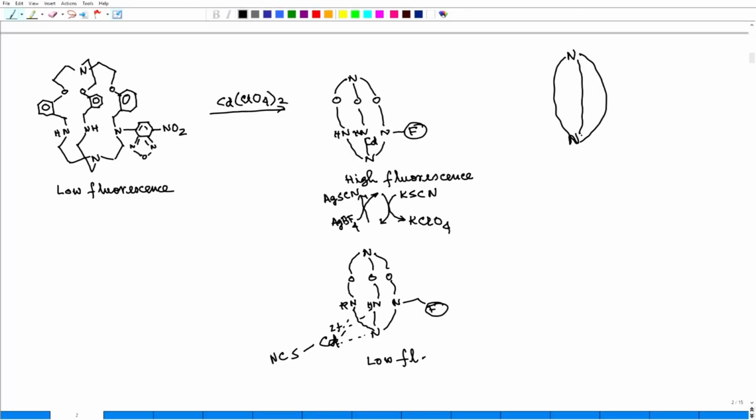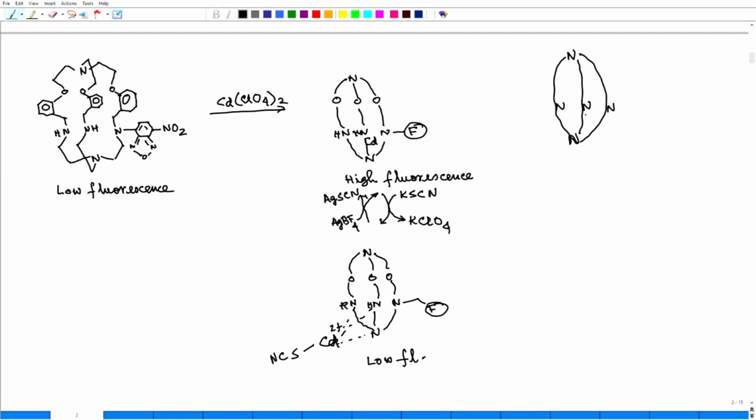I will tell you another phenomenon, it is a very important phenomenon with cryptand. When you put a metal ion in a cryptand, it goes inside. Why is that?